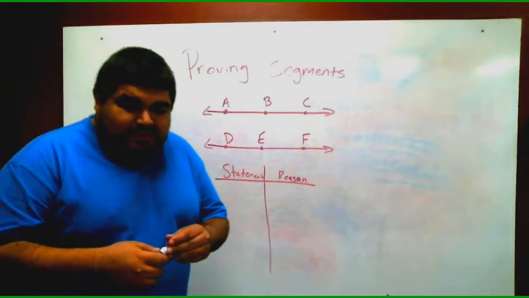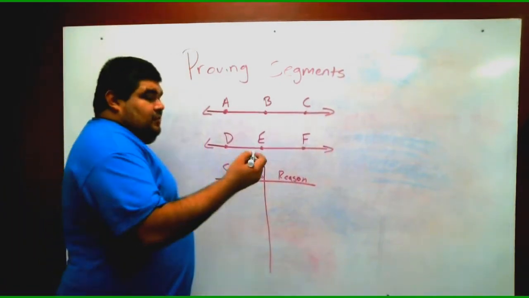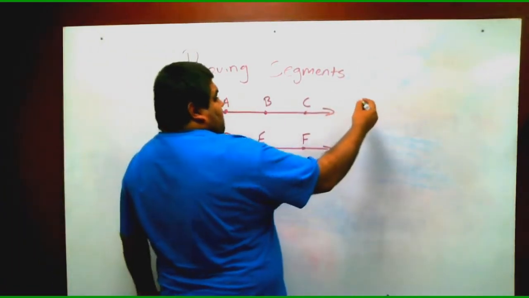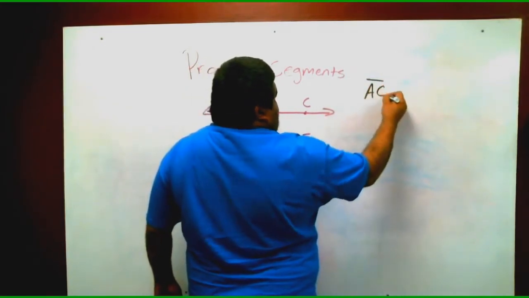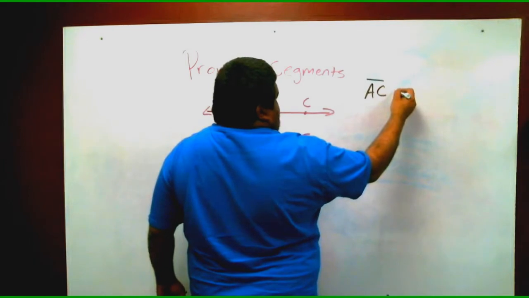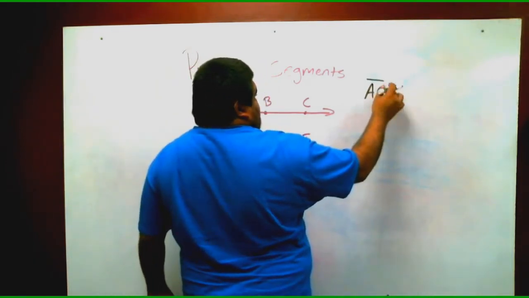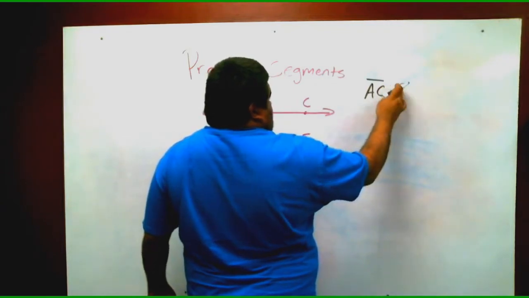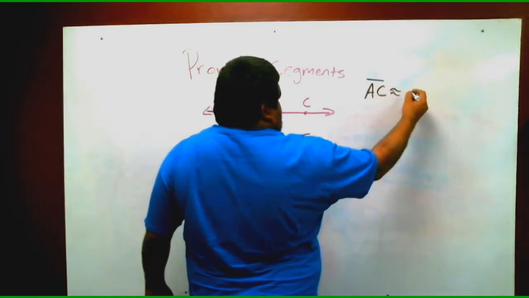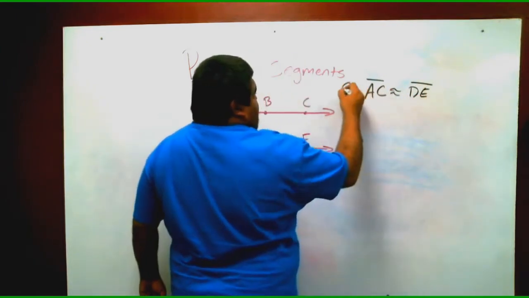Now that we have our statement and reason, it is given to us that line AC is congruent to DE. We're given.